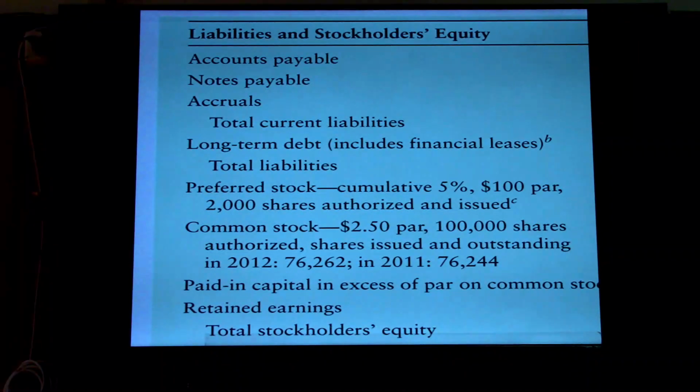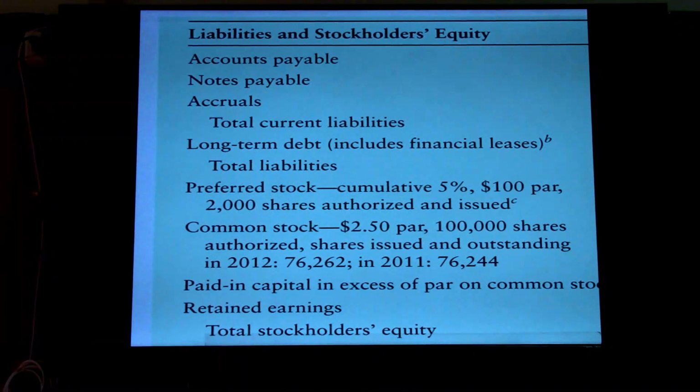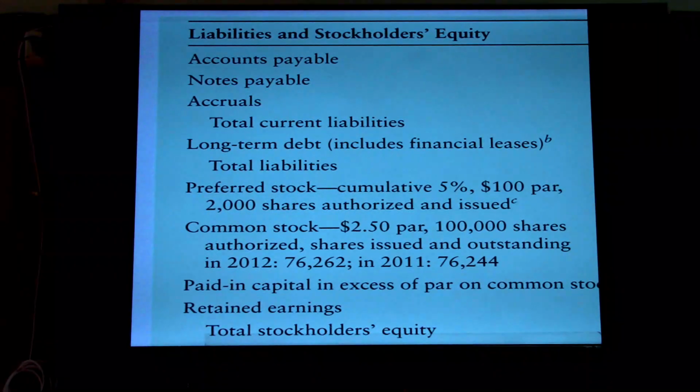The sum of preferred stocks, common stocks, paid-in capital, and retained earnings gives us what we call total stockholder equity. So the total equity plus the total liability must equal total assets.